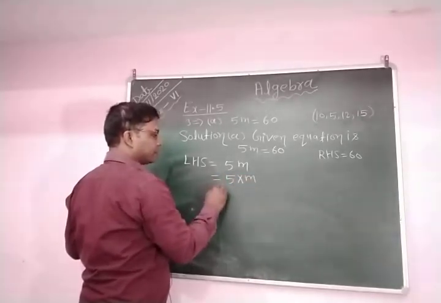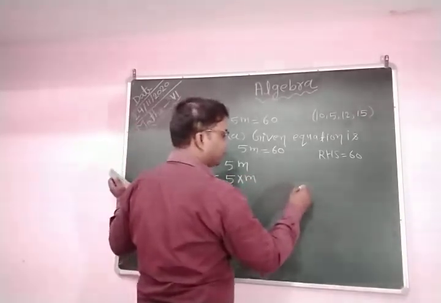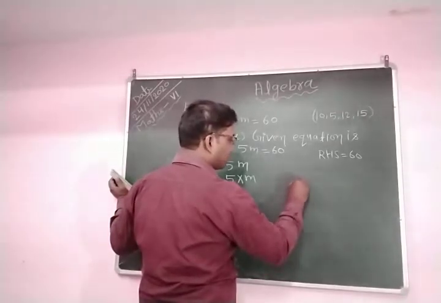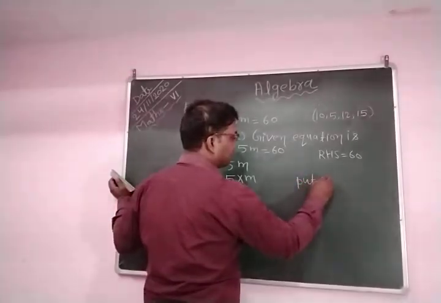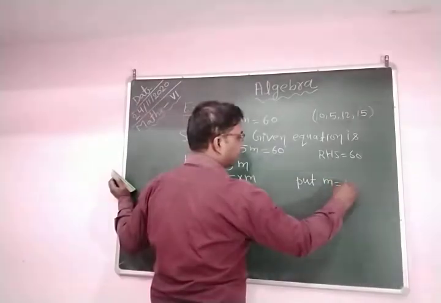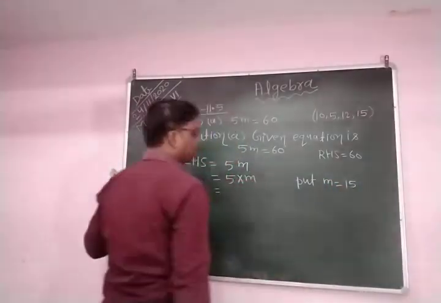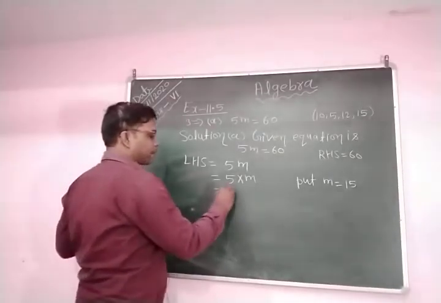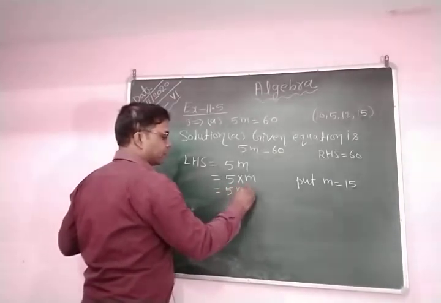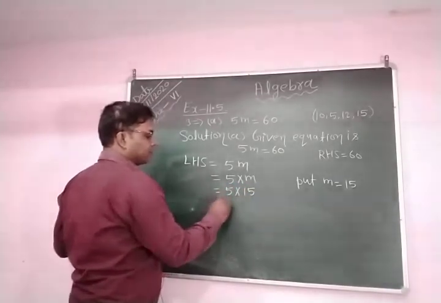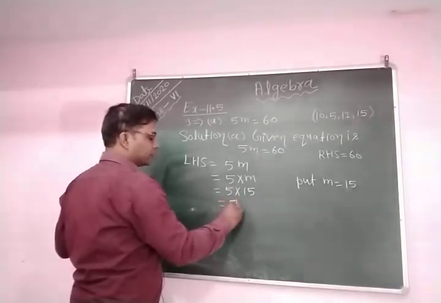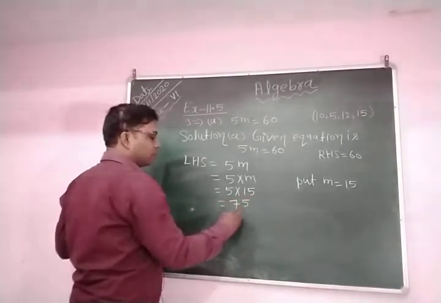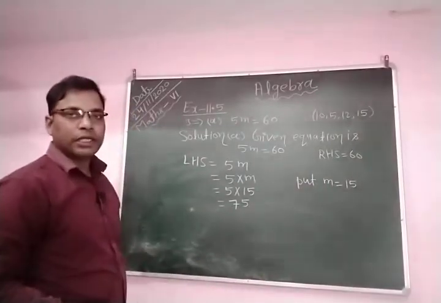5m is equal to 5 into m. Now here you put m is equal to 15. So here you write 5 into 15. This is equal to 75. 5 into 15 is equal to 75.